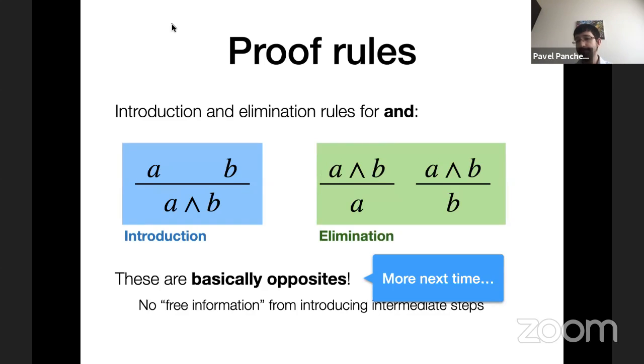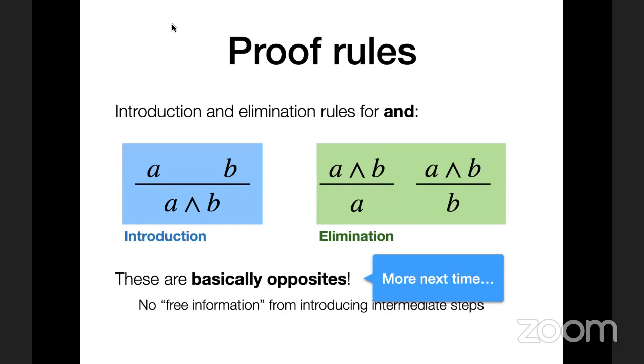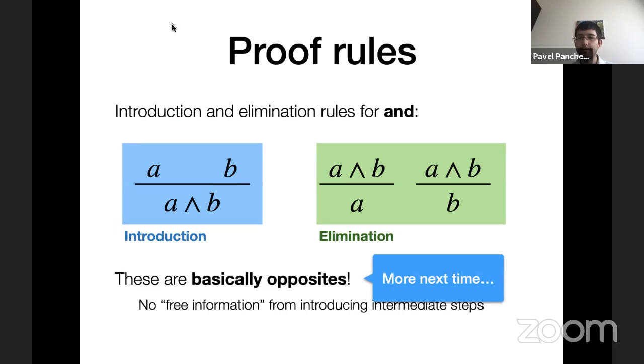Calvin, question? So is A space B like A and B in the meta logic, as opposed to A and B with the wedge? Yes. And if you didn't follow that question, that's okay.